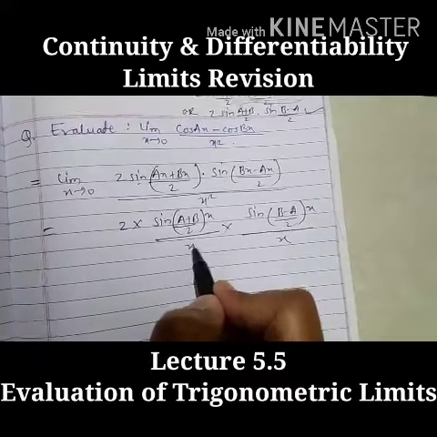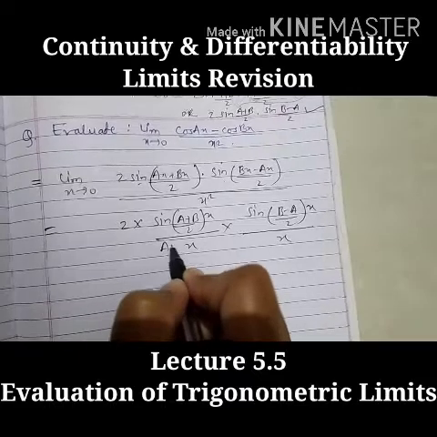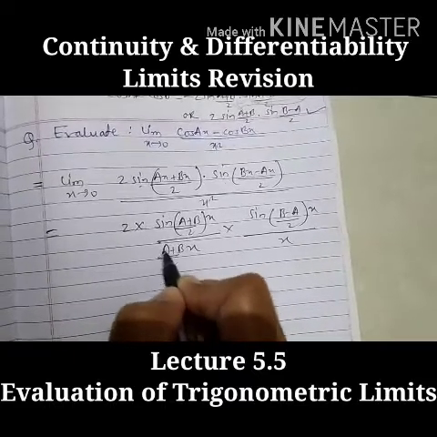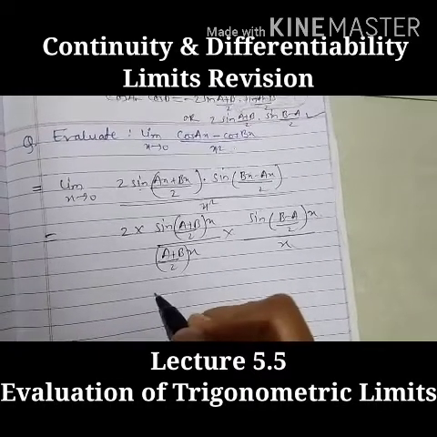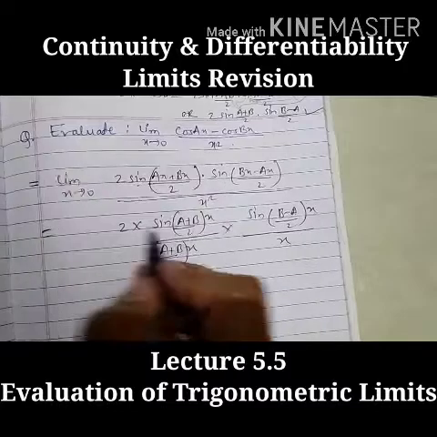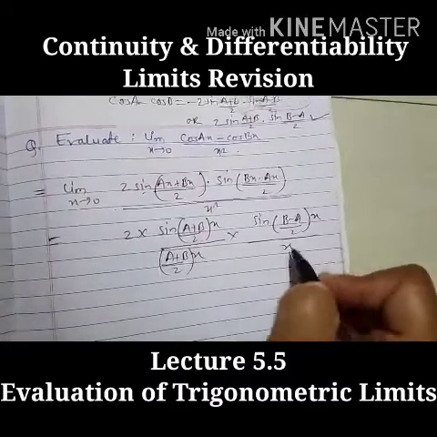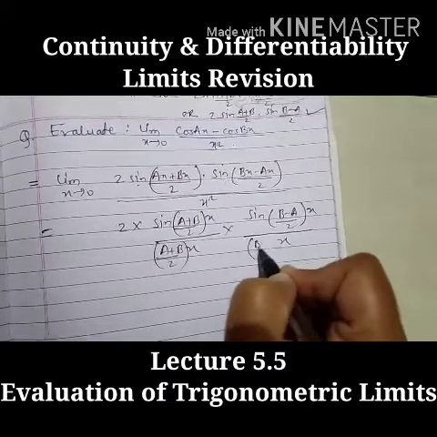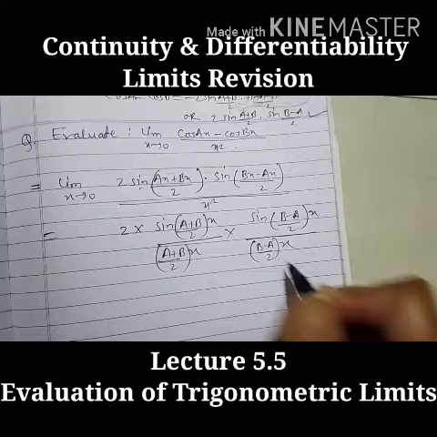Now this angle is a plus b by 2 into x, and here the angle is b minus a by 2 into x. So we will multiply and divide by a plus b by 2, and here also we'll divide by b minus a by 2. Understood?